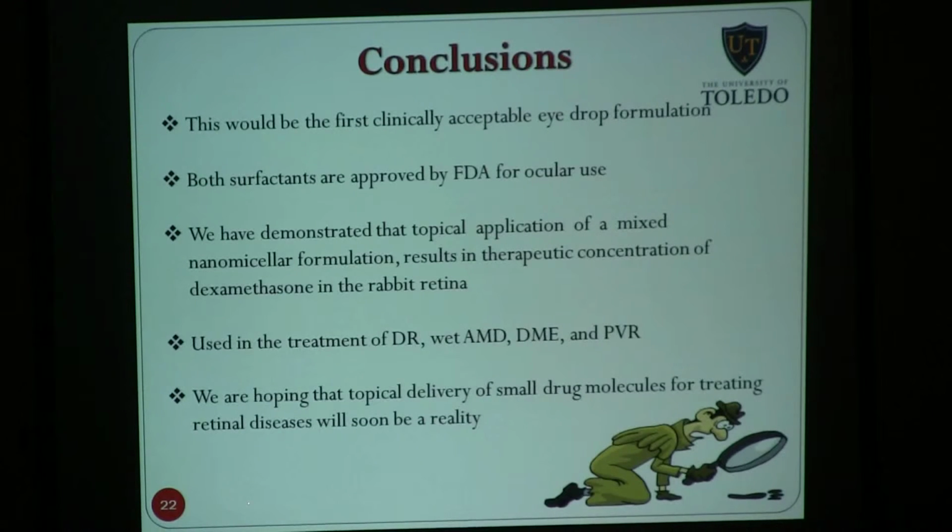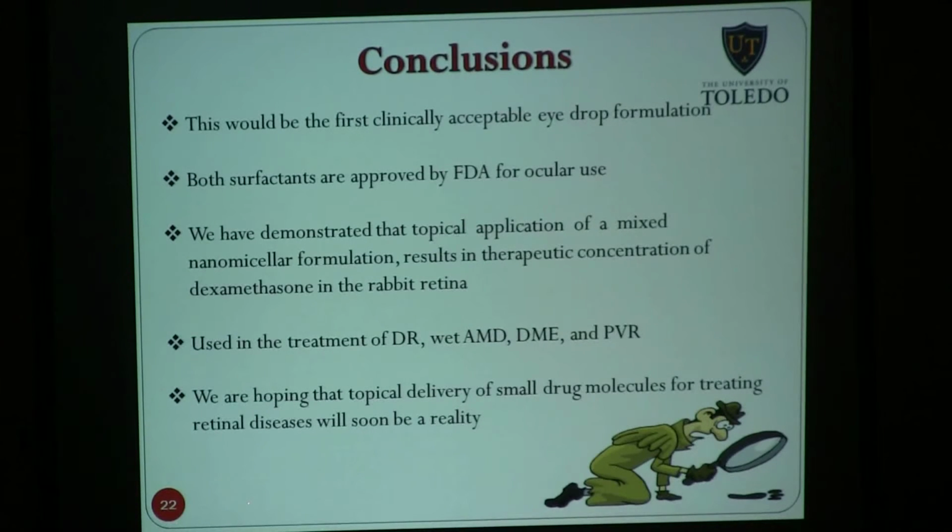So the conclusions of this study are, this would be the first clinically acceptable eye drop formulation, because both the surfactants that we have used are approved by FDA for use in ophthalmic formulations, and the concentrations that we have used are also within the limits.